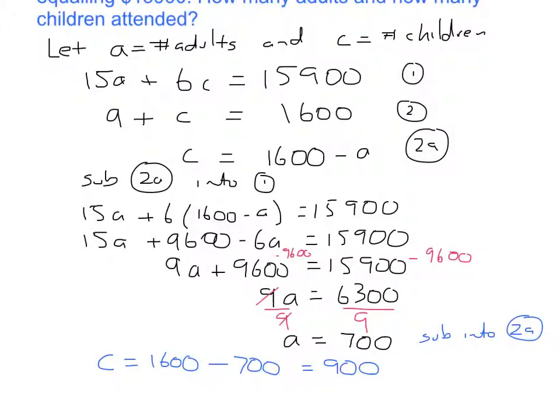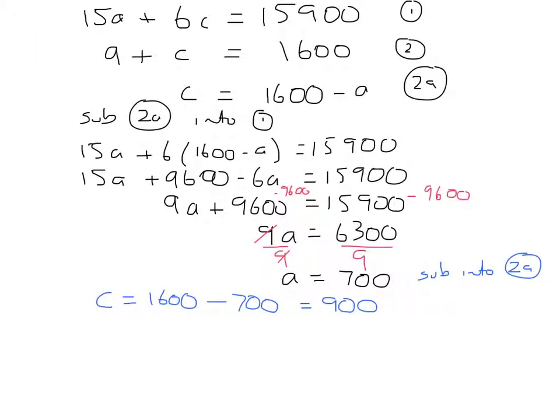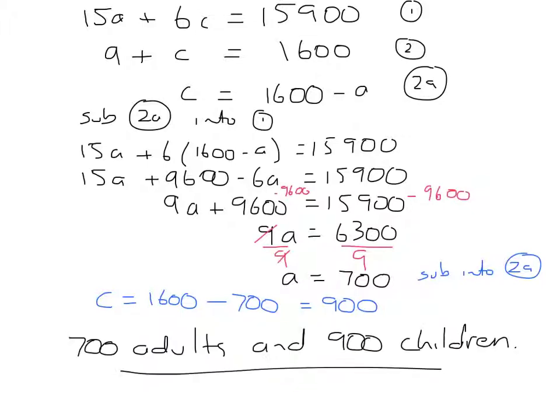So that tells us that we now have 700 adults attended and 900 children. That's the answer to that question.